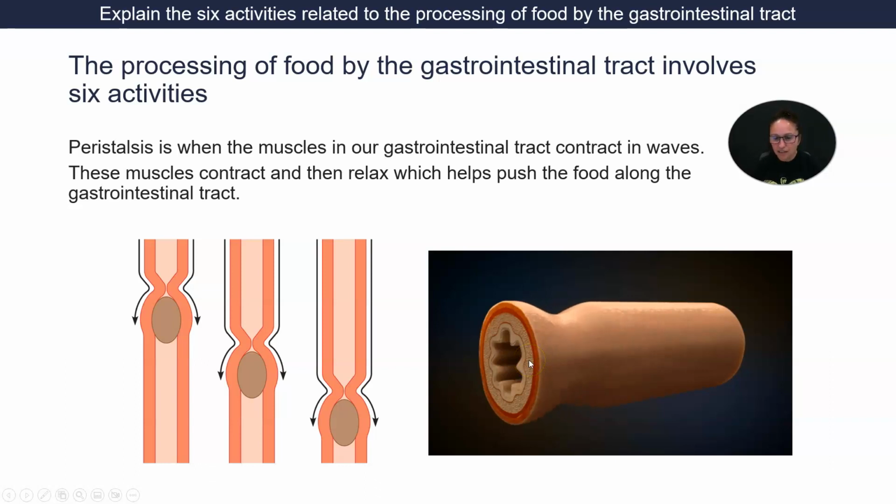Look at that. When they contract, that helps us move the food from one end to the other end. So peristalsis is good for moving food down our gastrointestinal tract. Okay? That's its job.